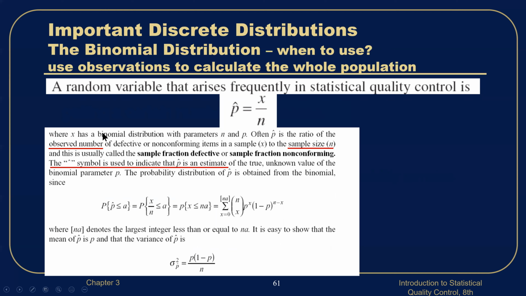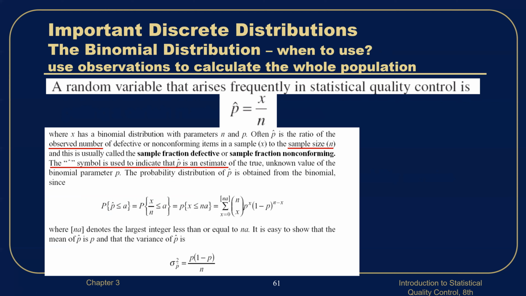Here, x is a binomial distribution with parameters n and p. Often p hat is the ratio of observed number of defective or non-conforming items in a sample x to the sample size n. And this is usually called the sample fraction defective or sample fraction non-conforming. The hat symbol is used to indicate that p hat is an estimate of the true p.